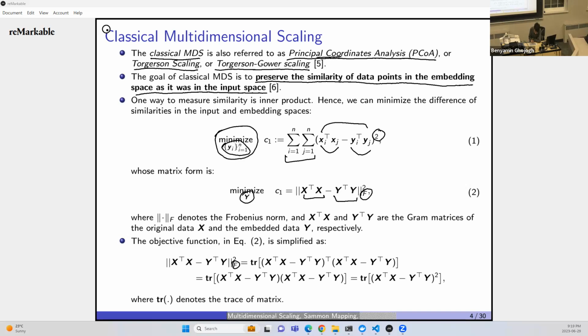The squared Frobenius norm is the trace of this transpose times this, as we already saw in the preliminaries. I can apply transpose on the elements, because X transpose X, if you transpose it, is also X transpose X. Therefore, I can write it as trace of (X transpose X minus Y transpose Y) squared.